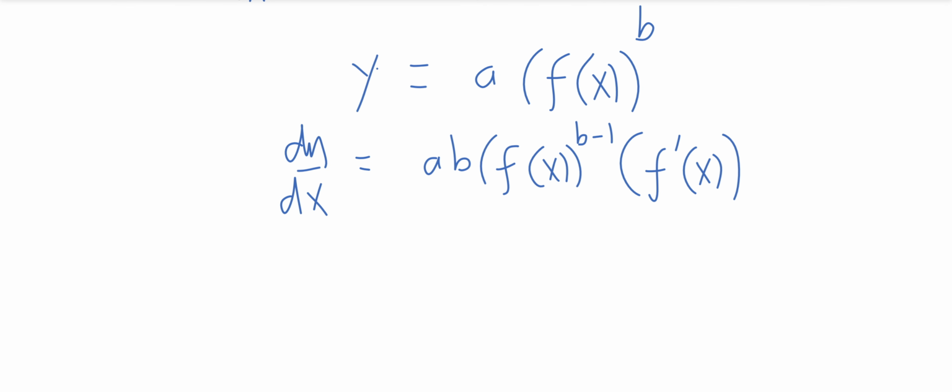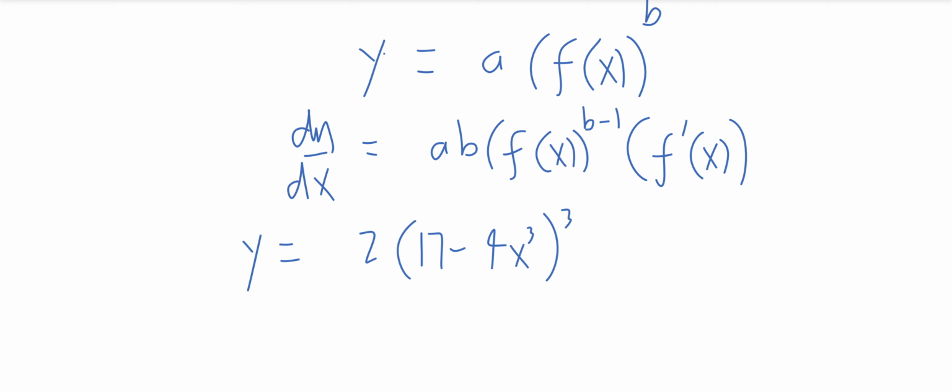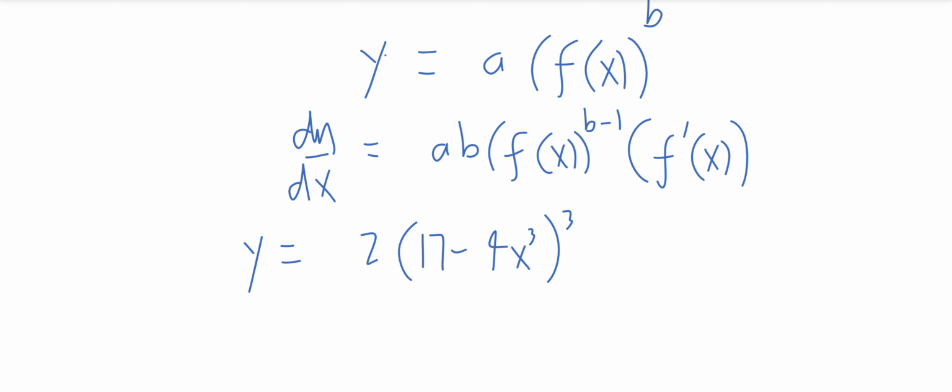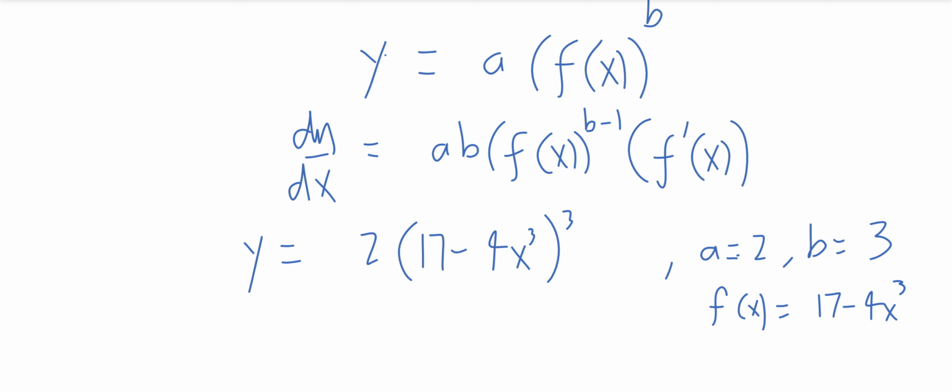So applying this to the same example as before, if y equals 2 multiplied by (17 minus 4x cubed), all cubed, then here a equals 2, b equals 3, and f of x equals 17 minus 4x cubed.